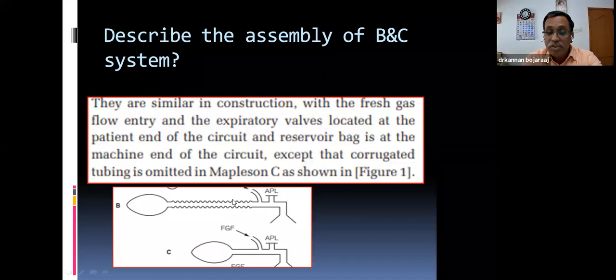The system is not at all good at venting the mixed alveolar gas. That is why the Mapleson B system is a failure.